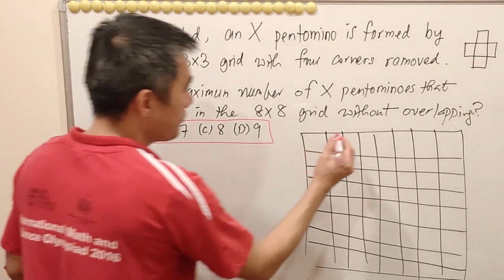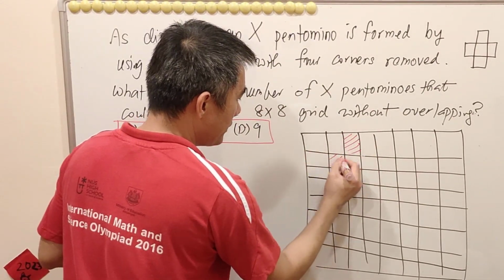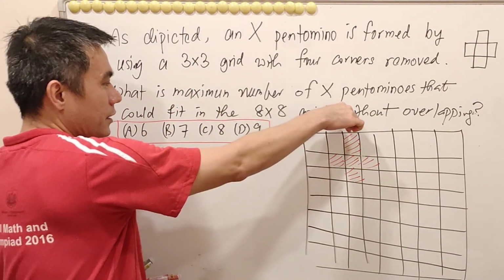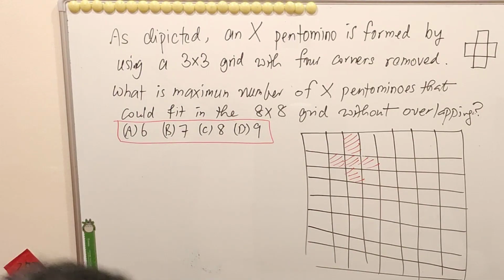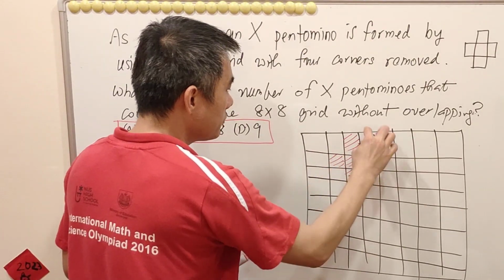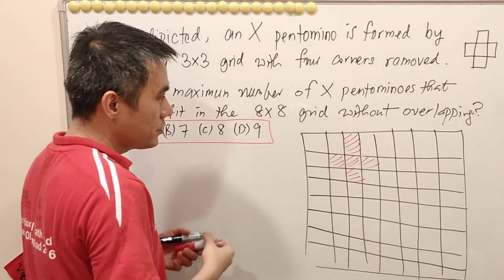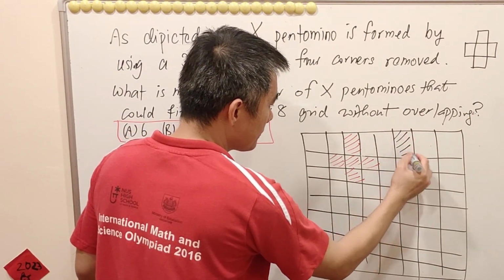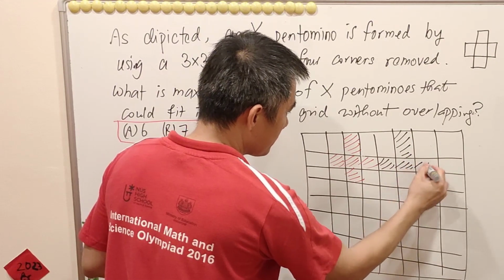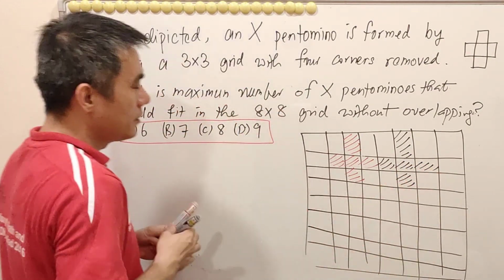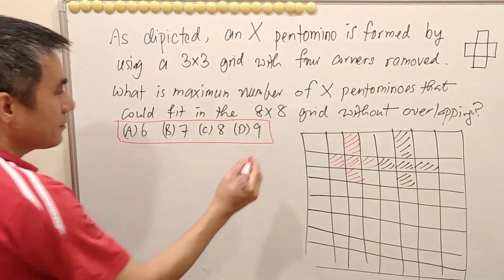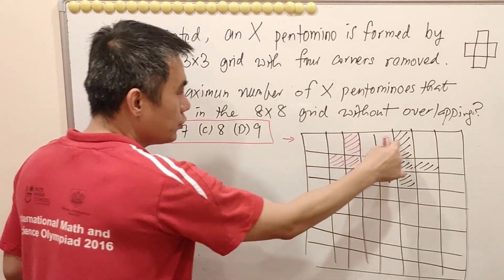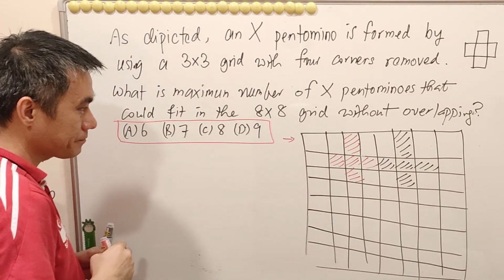For example, if you take the Pentomino here, then it will take up this space. However, you can't take the Pentomino out of this 8x8 grid, so another one possibly will be something like this. So what I mean here is that from this first row, at most 2 squares will be occupied.